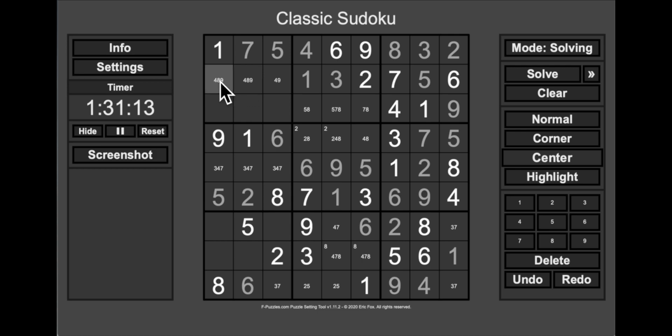Still be anything. Can't be 8 or 9, so that's 4. Tell me that's 9, that's 8. Still have a 2, 3, 6 conundrum here. Well, that can't be 2 or 6, that's 3.